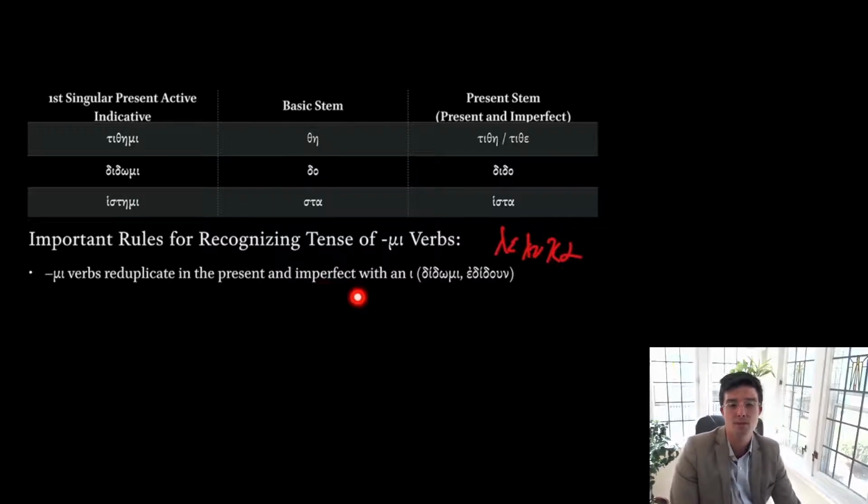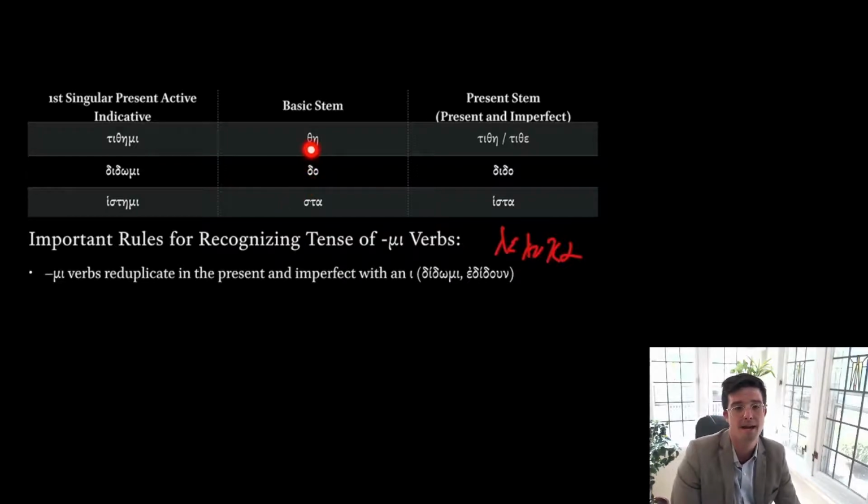But when they do this reduplication, they don't do it with an epsilon, but they do it with an iota. So notice what has happened here: for example, our basic stem of da for didomi, the reduplication is a repeating of the delta with an iota stuck in between that and the basic stem.